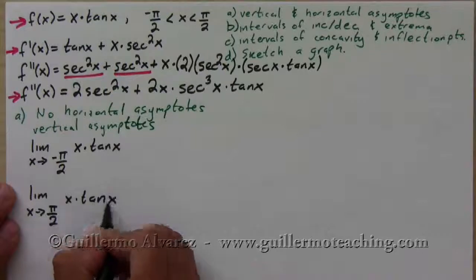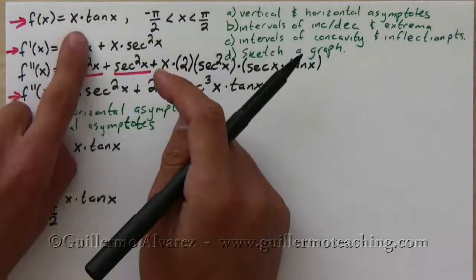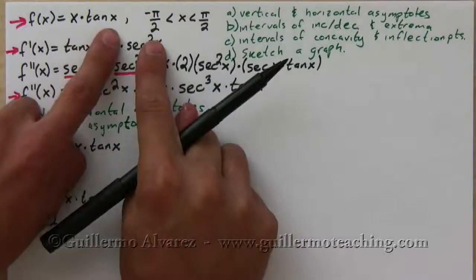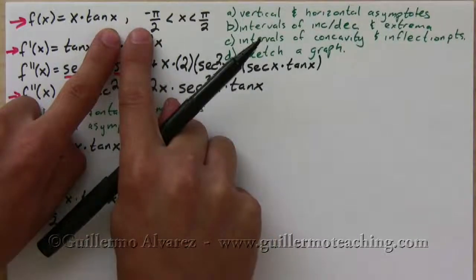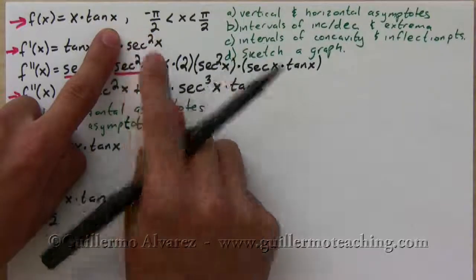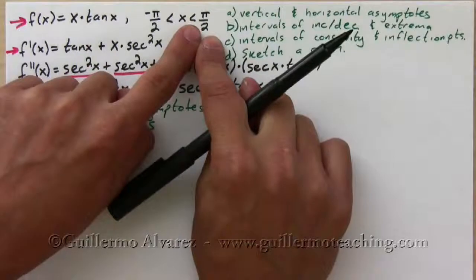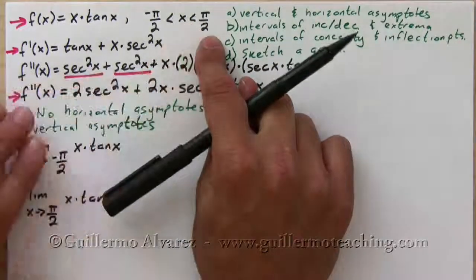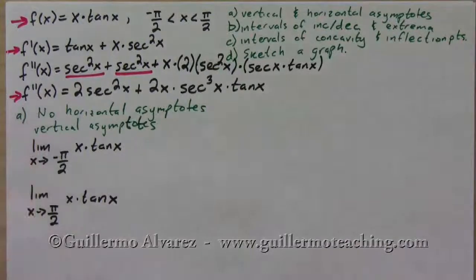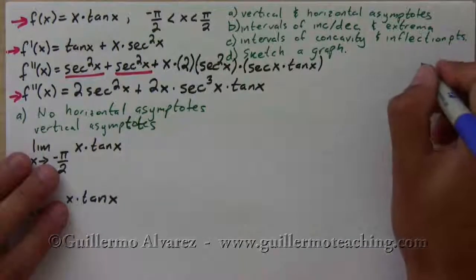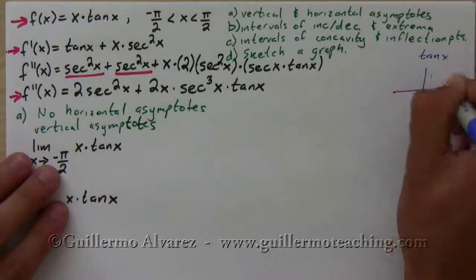Now the reason why we're doing that is because we know that just the tangent function by itself, without thinking about the x, goes to negative infinity as we approach negative pi over 2 from the right, and then goes to positive infinity as you approach pi over 2 from the left. Let me just draw a little picture over here on the side. This is tangent, just to make sure that we're all clear on this.